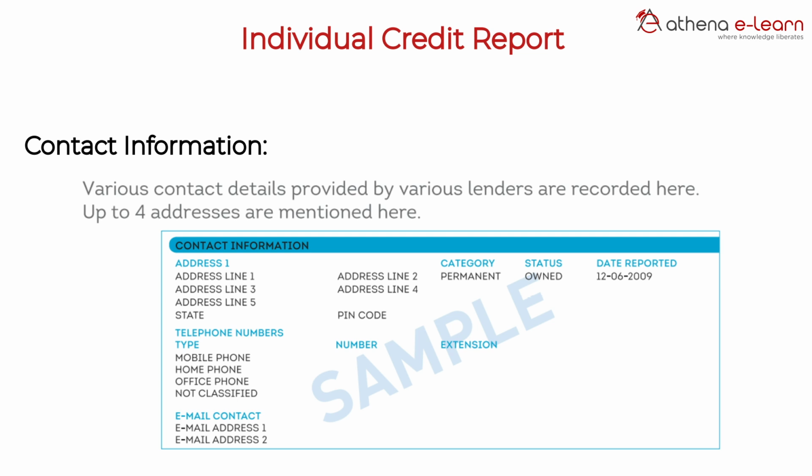If you put in a 5th address, then the new address, the 5th address will show up. However, the oldest address that is there will drop off from the report. It will still be stored at the bureau, but it will not show up. You will only see the most recently reported 4 addresses.